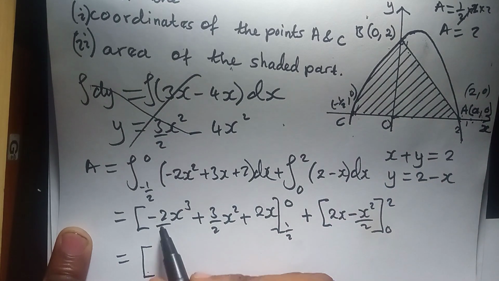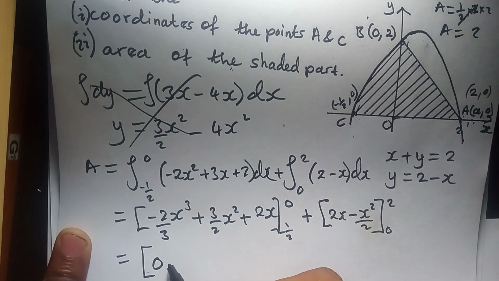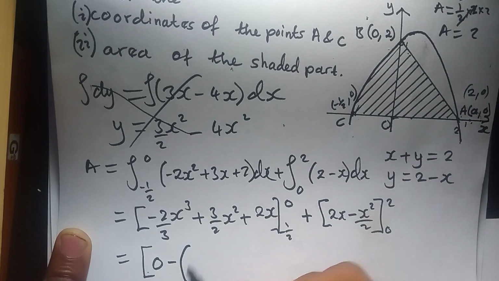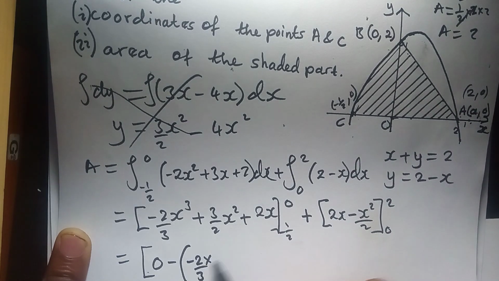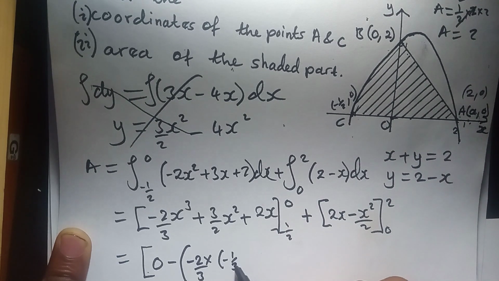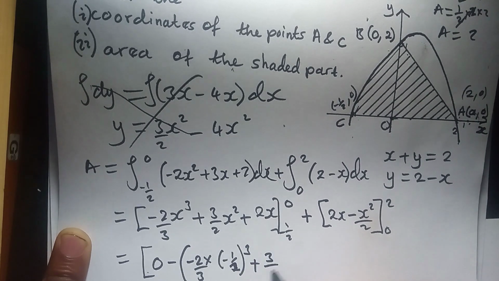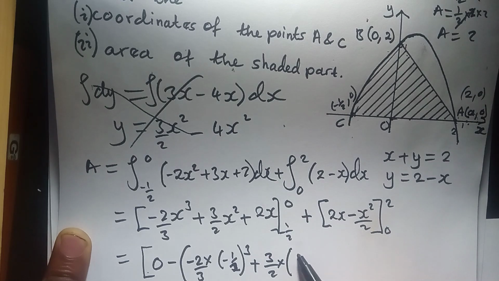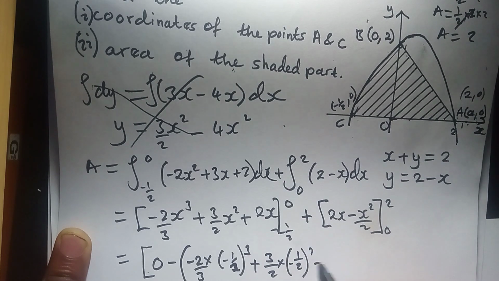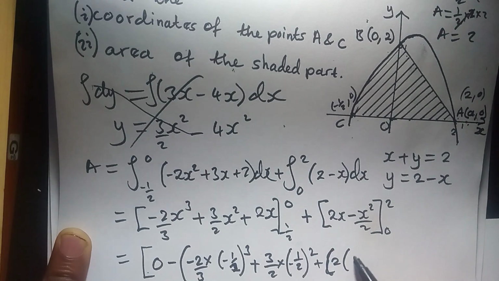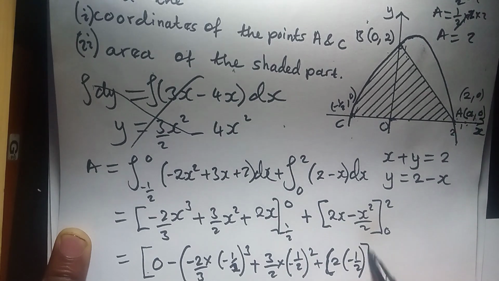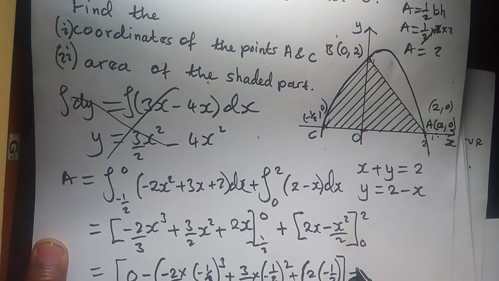Now when you put your zeros there, everything will be 0, minus you put your negative half there. So 2 over 3 multiplied by negative half cubed, and then plus 3 over 2 multiplied by negative half squared, plus 2 multiplied by negative half, and then plus.